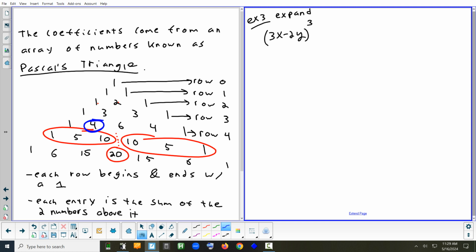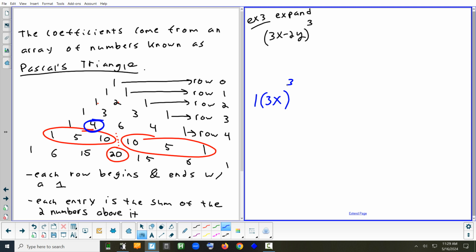This time it's only to the third power. What's my first coefficient? 1. And what's going to go in parentheses next to it? 3x to the third power.